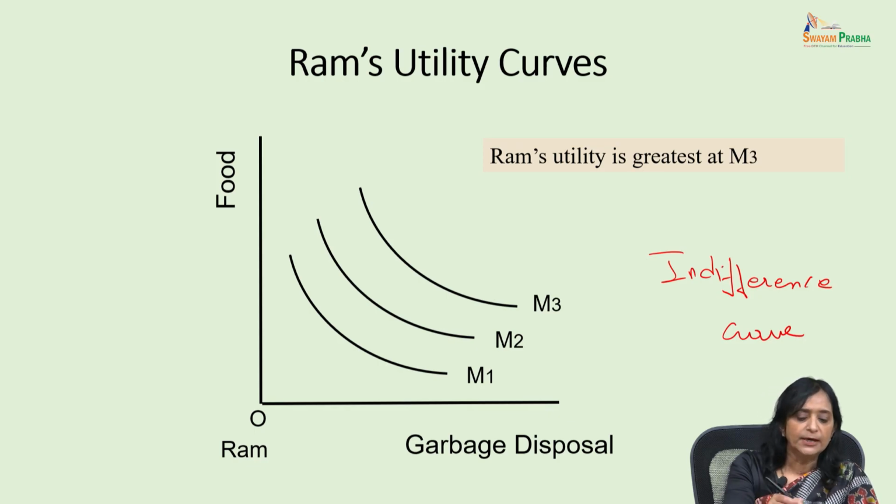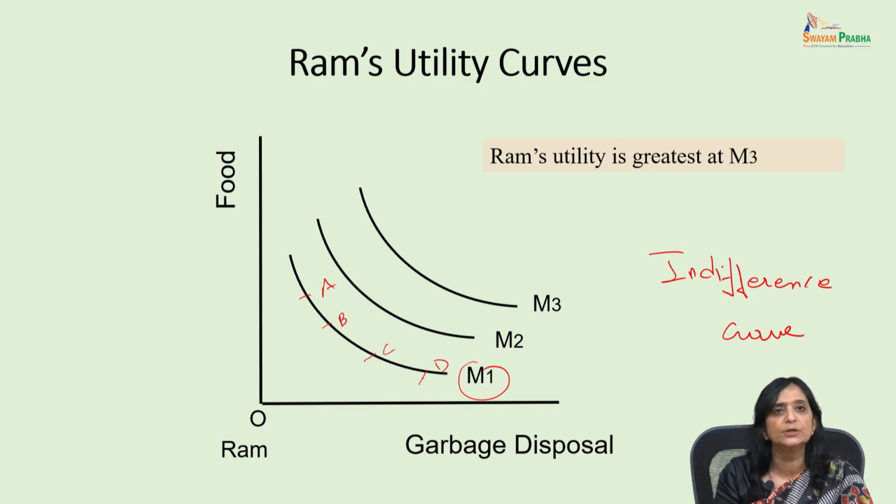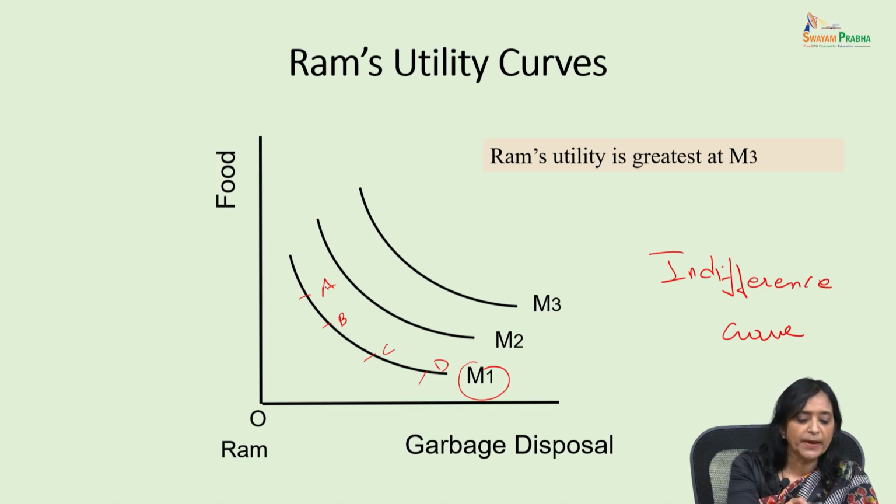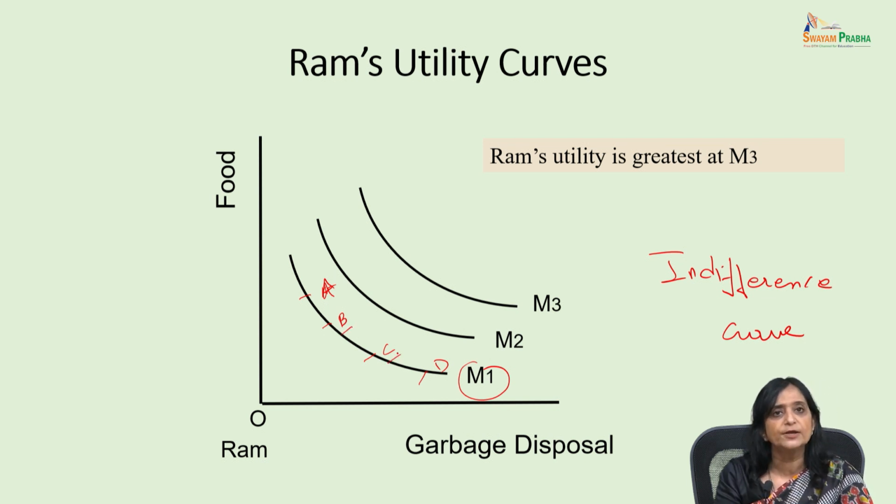For example, the first indifference curve M1 shows different combinations of food and garbage disposal which are available to Ram. Irrespective of whether he takes combination A or combination B or combination C of food and garbage disposal, his utility remains the same.